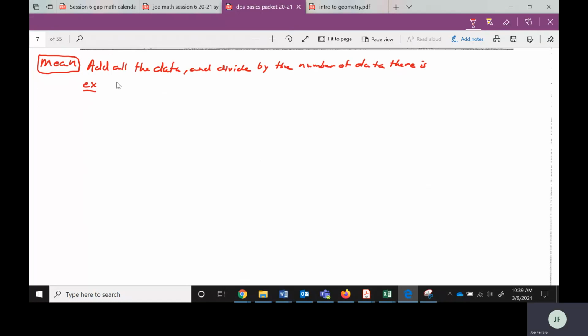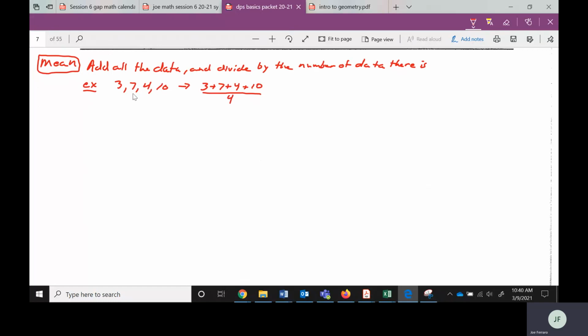One little quick example. If we had the data 3, 7, 4, and 10, and we wanted to find the mean, I'm going to add these up. You're not always going to have to write this out. You could use your calculator to add them up, show the step after this, and divide by how many there are.